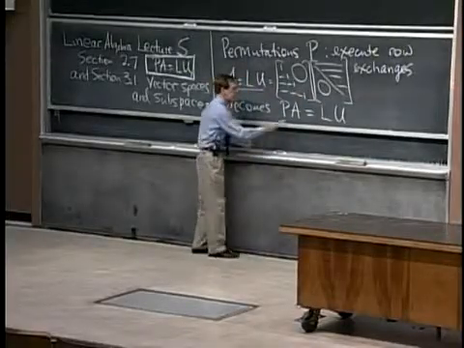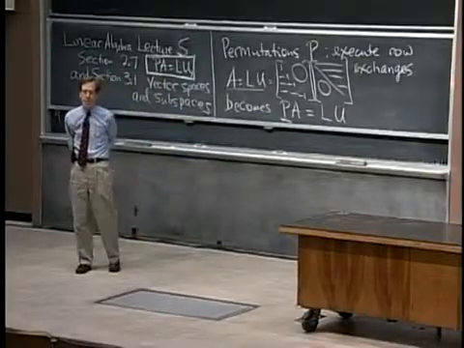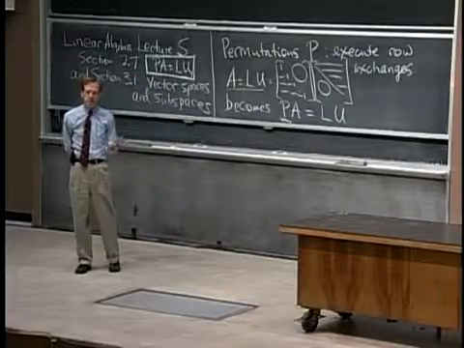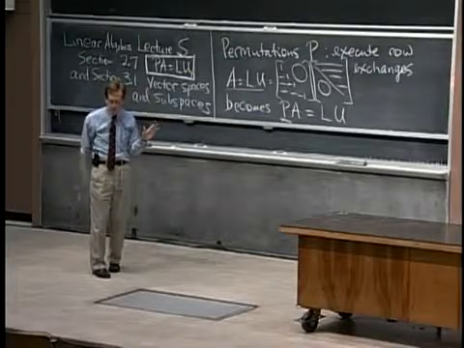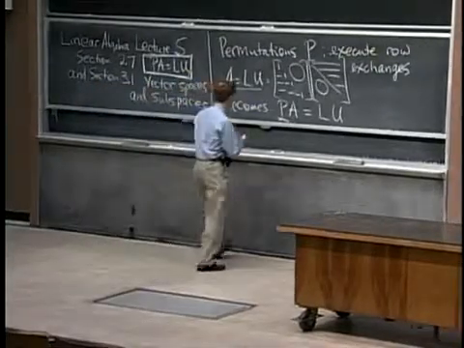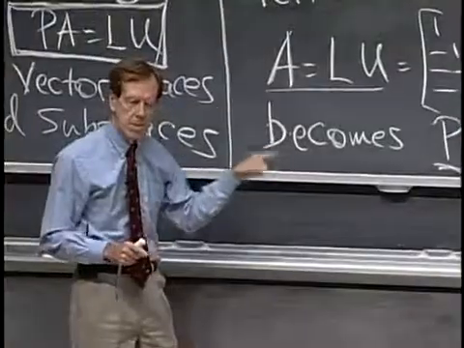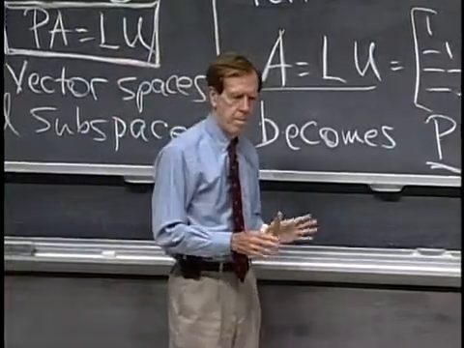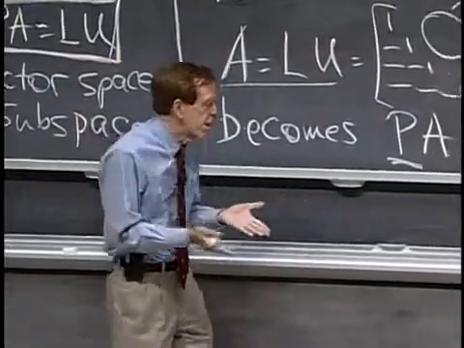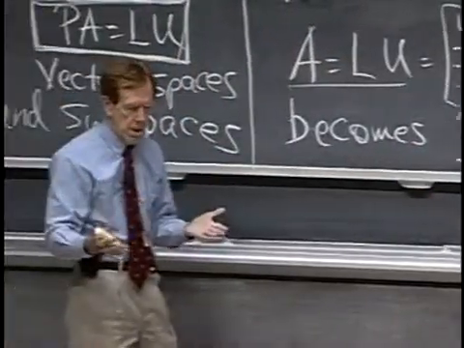So that's the point. Actually, I don't want to labor that point. I'll remind you from last time of what the main points about permutation matrices were, and then just leave this factorization as the general case.